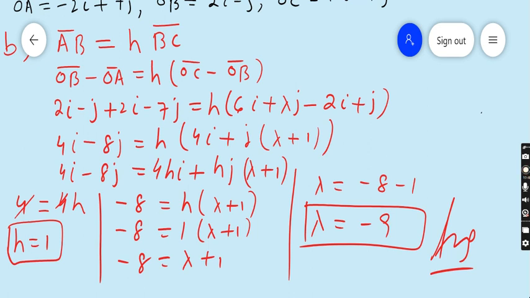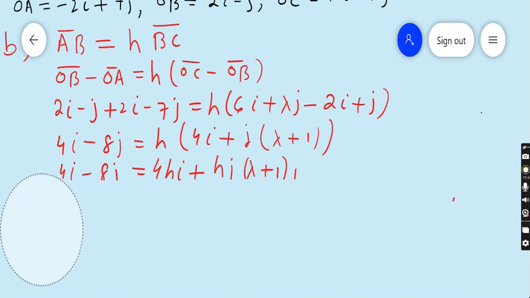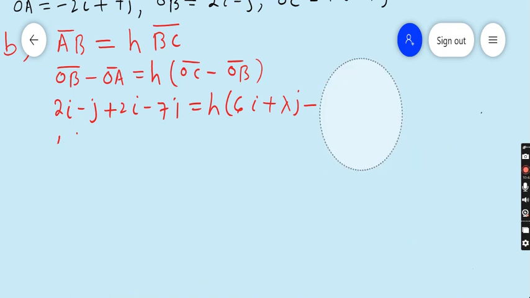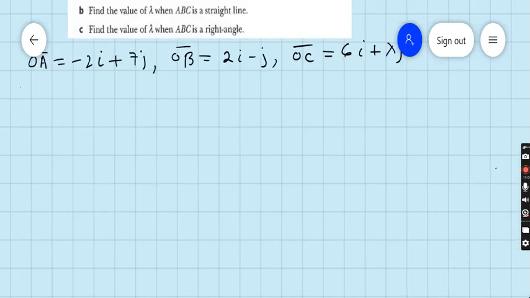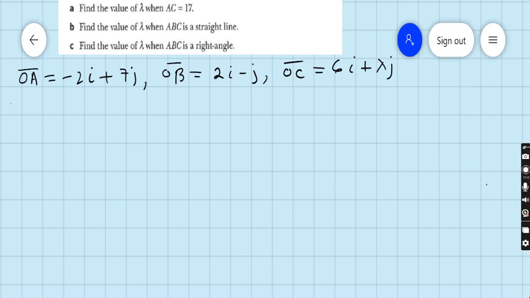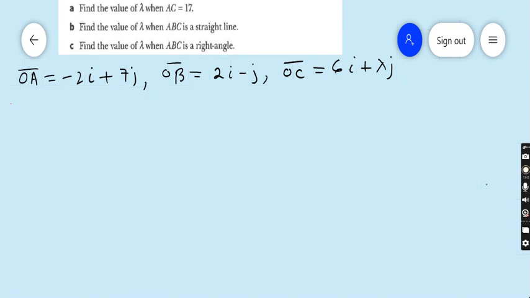Now move to the next part, part C. What is part C? Find the value of lambda when ABC is a right angle triangle.